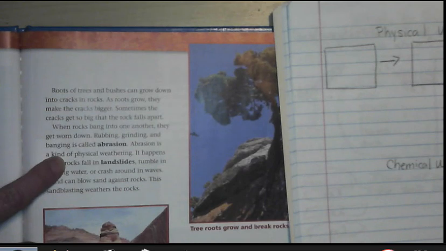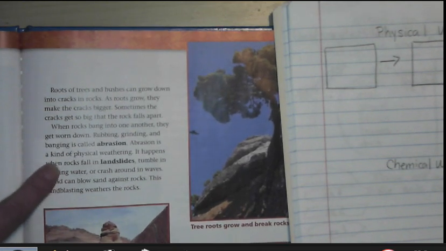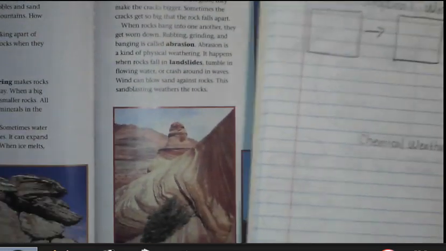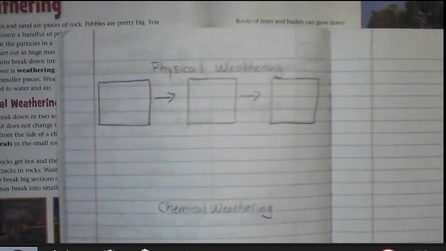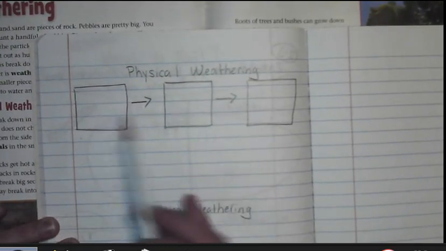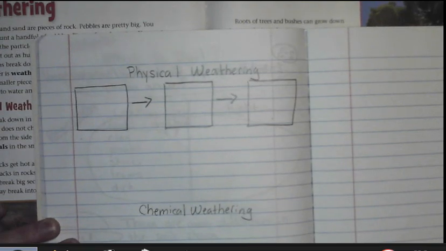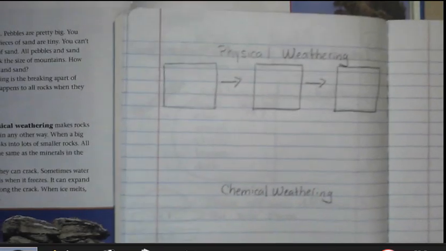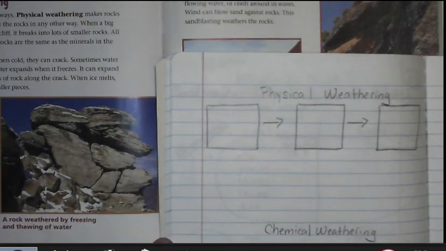Or smaller rocks rub and grind against them and break more pieces of that rock off through abrasion. So if you want to choose one of those physical weathering examples, go ahead and draw the 3 parts on your own.